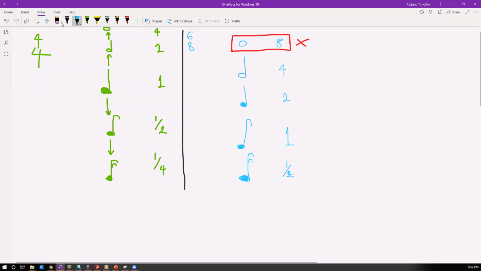So it's important to note that in the 6/8 time signature, it's the semi-quaver or the 16th note that has 1/2. But in a 4/4 time signature, the 16th note takes 1/4, so it's different.